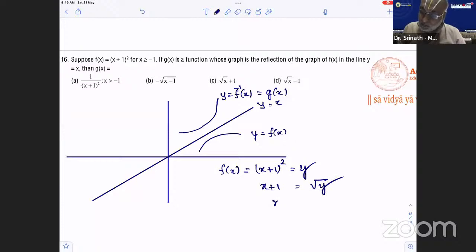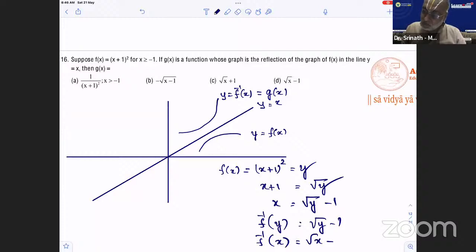So your x will become root y minus 1. So f inverse of y equals root y minus 1. Therefore, your f inverse of x is equal to root x minus 1. This is your g of x.